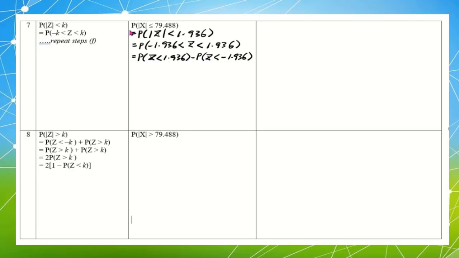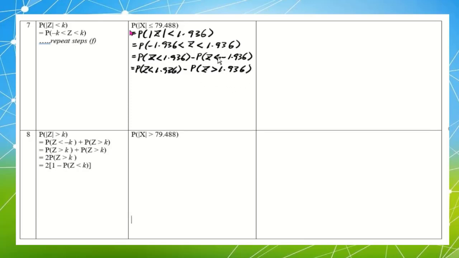Now I can see I'm not ready to use the table, so I need to change to positive. After changing to positive, the first part remains the same. Then I get the probability z greater than positive 1.936.